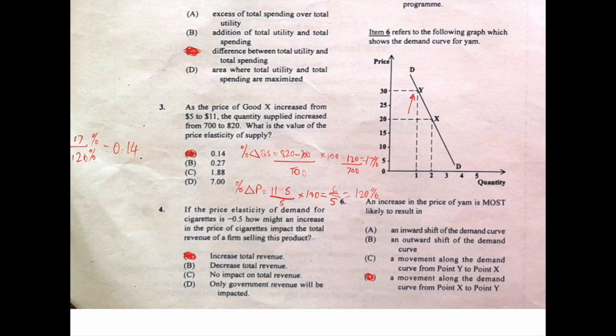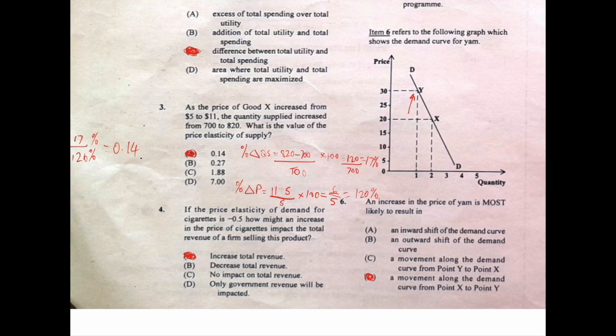4. If the price elasticity of demand for cigarettes is negative 0.5, how might an increase in the price of cigarettes impact the total revenue of a firm selling this product? So it is important to note for goods that do possess a PED which is less than 1, that really indicates that there is an inelastic demand.